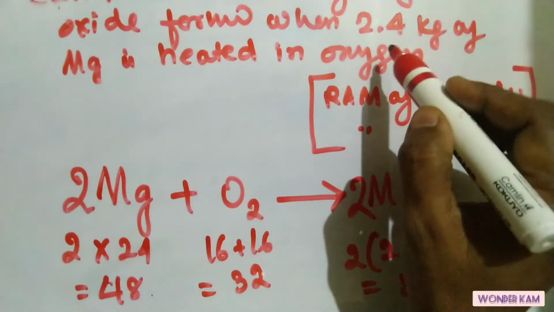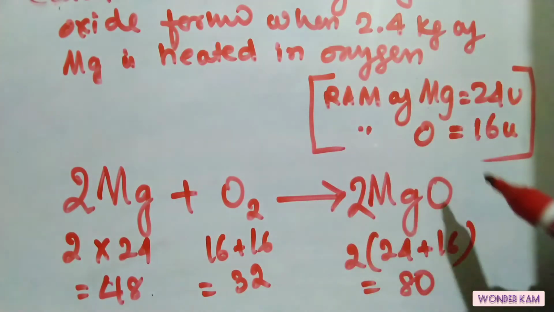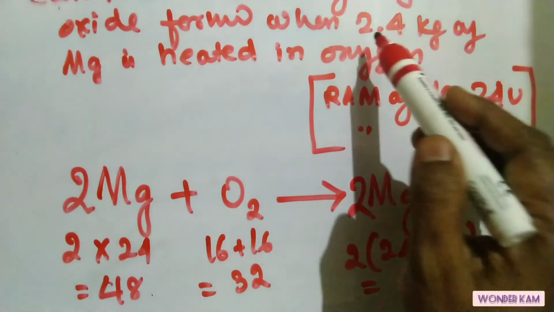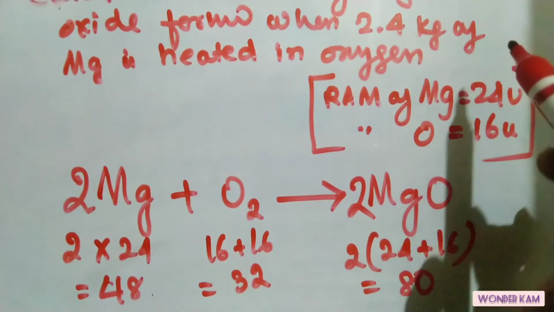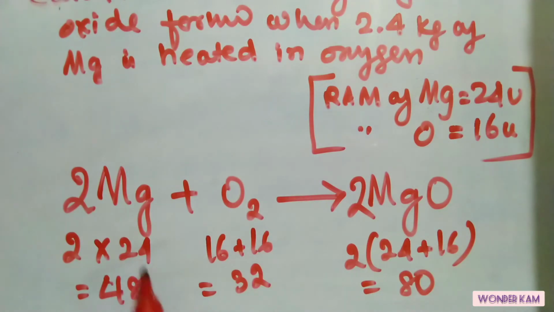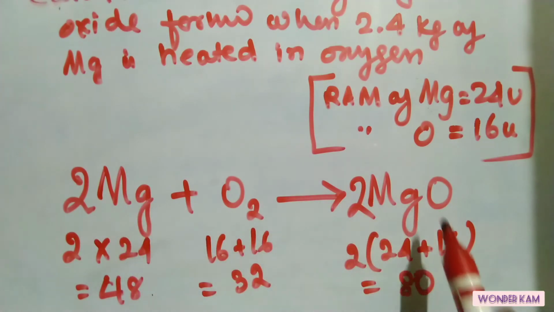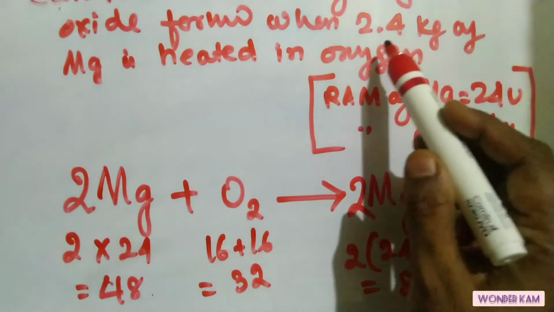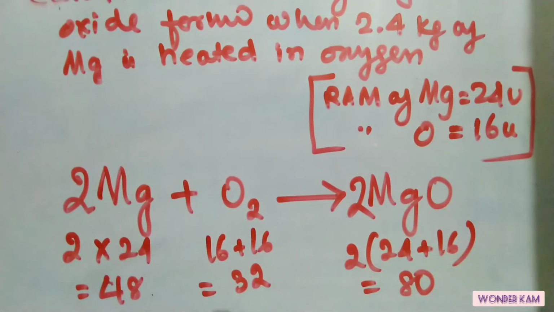We need to find out the amount of magnesium oxide formed from 2.4 kg of magnesium. So 48 kg of magnesium will produce 80 kg of magnesium oxide. So 2.4 kg of magnesium will produce how much magnesium oxide? That can be calculated from this equation.